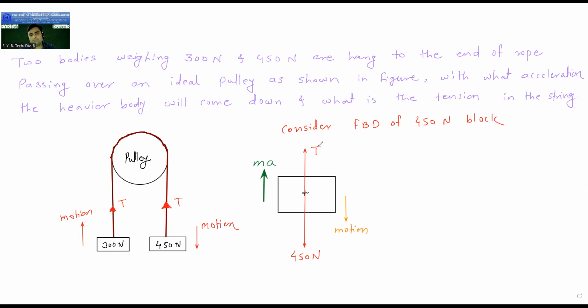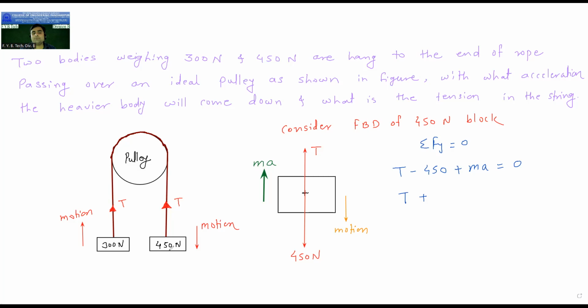Now we need to solve this numerical. First of all, we will apply summation Fy equal to 0. So it is T minus 450 plus MA is equal to 0. Put the value: T plus, we transfer this 450 to that side. M is what?